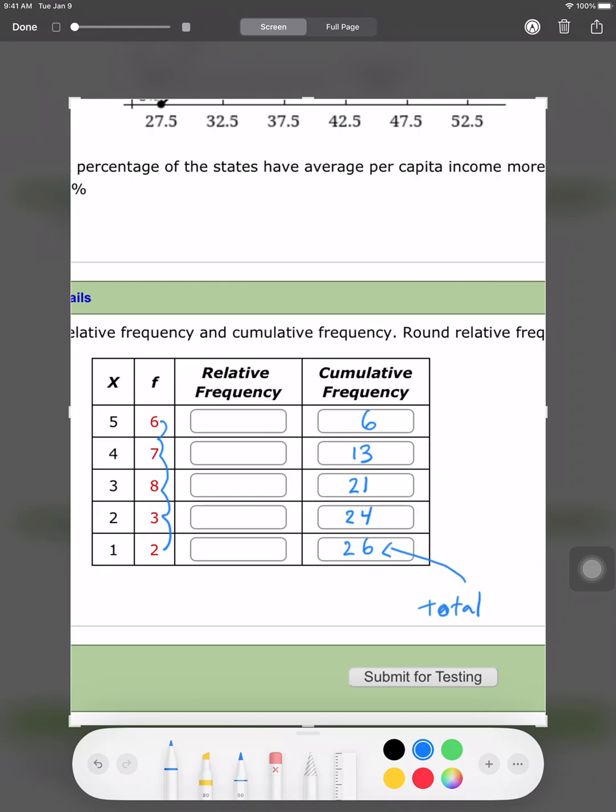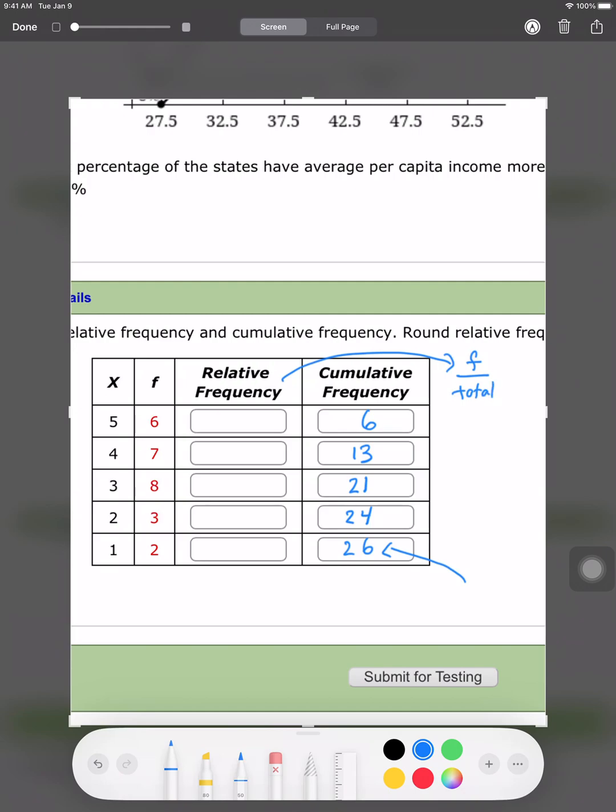The reason why you need to do this column first to get that total is that the relative frequency is taking the frequency and dividing it by the total. And so your relative frequency is going to be the frequency for that score divided by your total frequency.